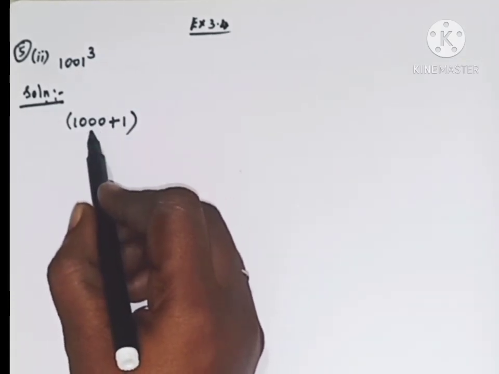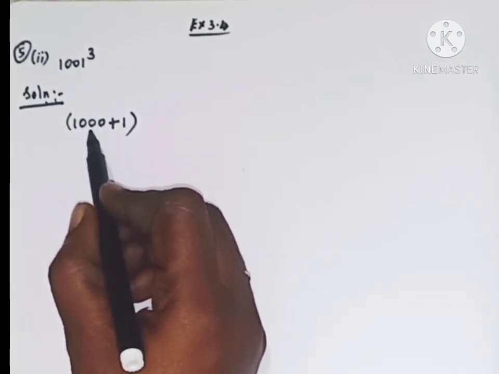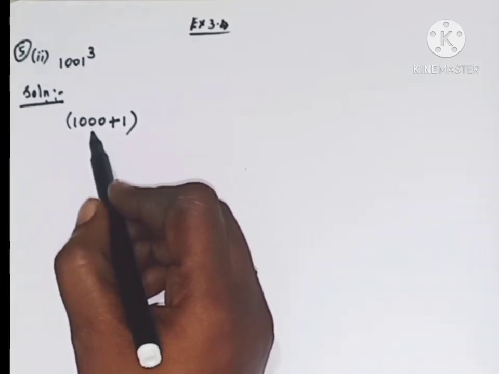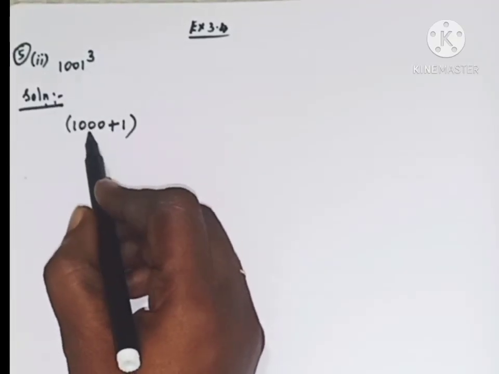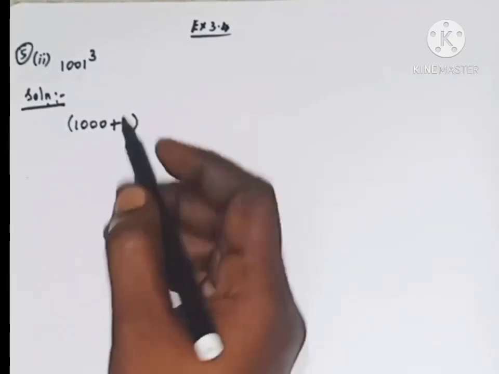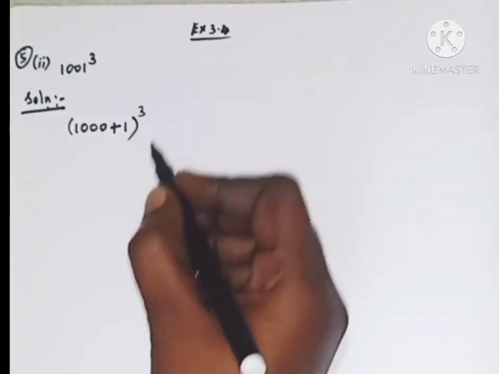So in the place of a, we can take numbers like 100, 1000, 10,000. Now 1001 the whole cube can be written as (1000 + 1) the whole cube.